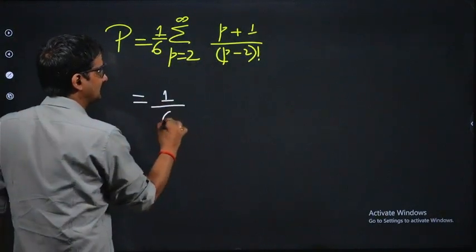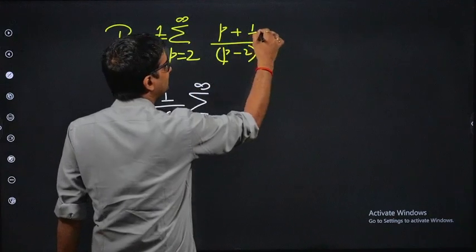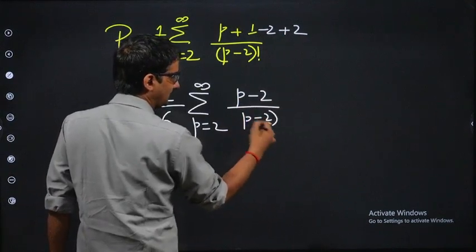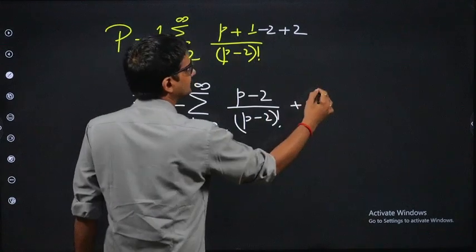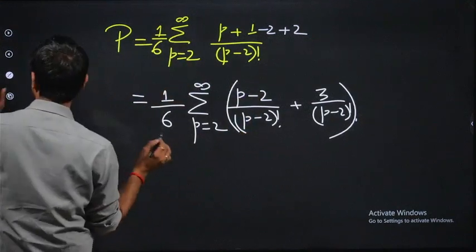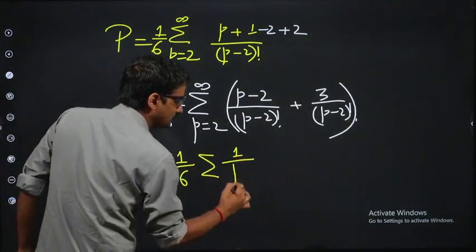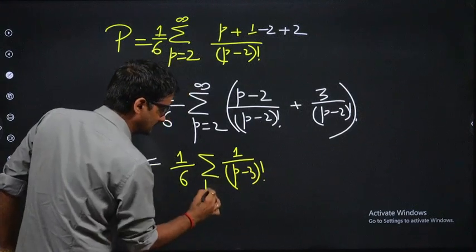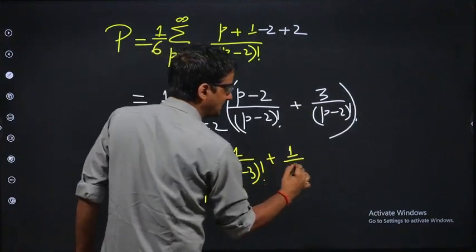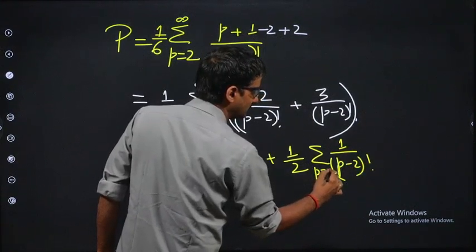If we add 2 and subtract 2, I can write it as (p minus 2) upon (p minus 2) factorial, plus 3 upon (p minus 2) factorial. So it's 1 by 6 times the summation of 1 upon (p minus 3) factorial, p from 2 to infinity, plus 3 by 6, which is half, times the summation of 1 upon (p minus 2) factorial, p from 2 to infinity.